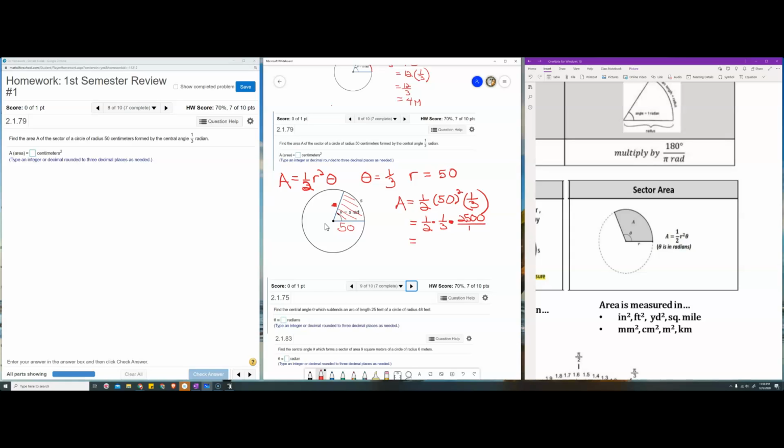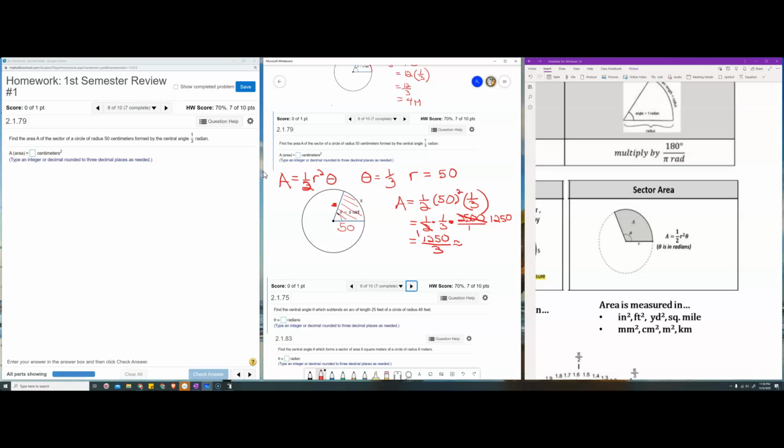And when I multiply that out, let's see, I can do some reducing. 2 divided by 2 is 1, and 2,500 divided by 2 is 1,250. So I end up with 1,250 over 3. And this one says round it to 3 decimal places as needed.